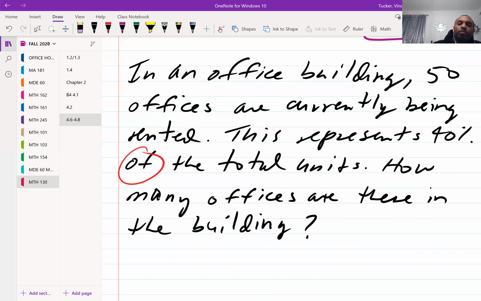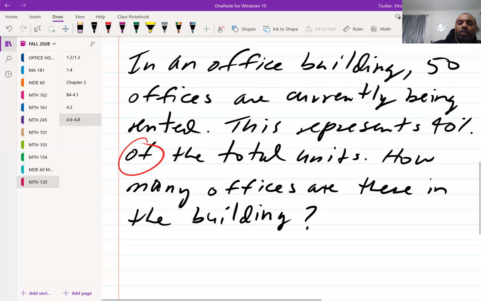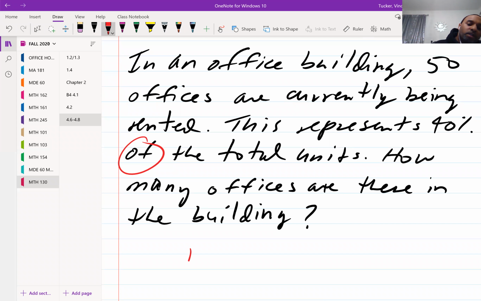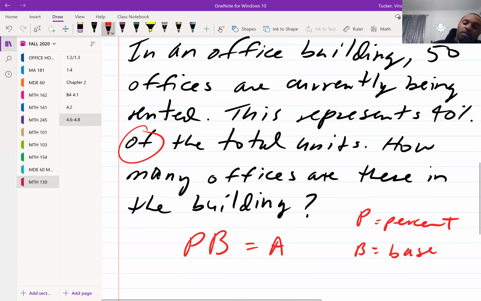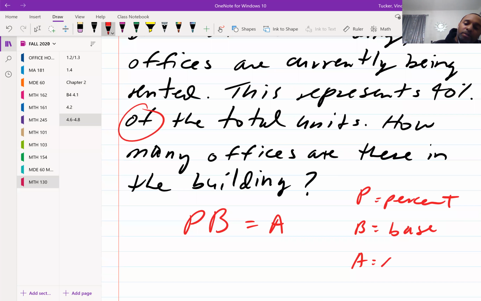So one way of setting up this relationship is you either say PBA or APB, whichever one fits you better. Wherein P is your percent, B is your base, and then A is your amount.